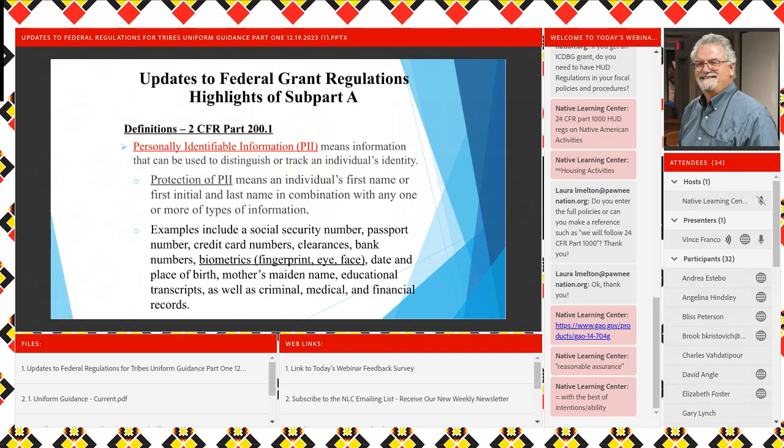For example, if it's housing, you might be collecting last year's income statements, proof of income, W-2 forms, or tax forms that were submitted, or social security number, marital status, all of those things that help a person who wants to rent or own property. That's just one example. Those are all examples of personally identifiable information.